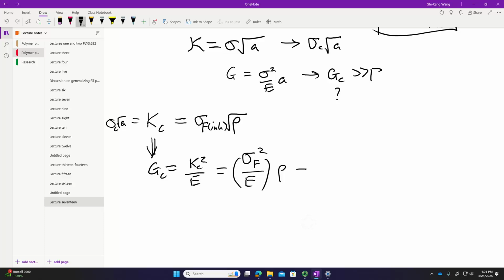What is that? Isn't that my little WF, the fracture, or the so-called work of fracture? Basically, it's the energy storage per unit volume involving the stress to the level of inherent strength. The rest is rho.